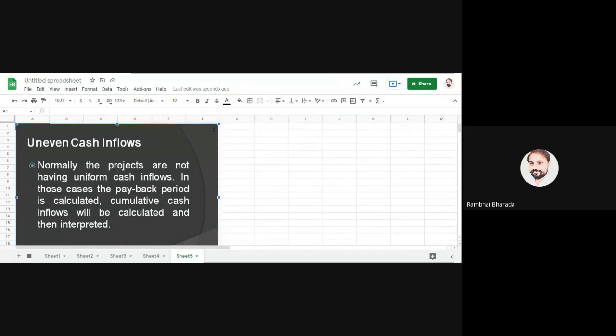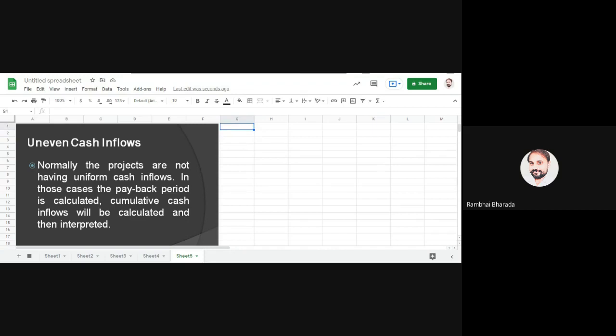So whenever we have a different amount of profit every year, we will use this formula to calculate the payback period. Again, we are in payback period only. हमने कोई नया यूनिट या नया मेथड स्टार्ट नहीं किया है.